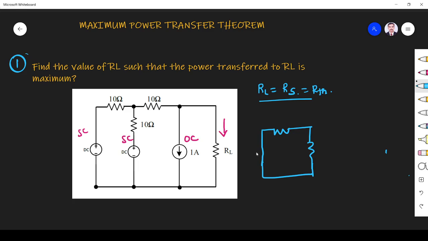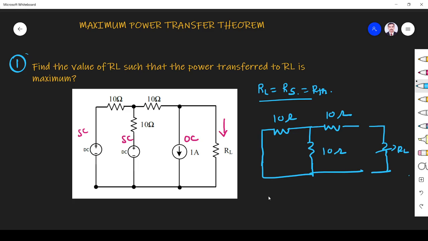So this source is short, this source is short, and this is opened. Then the load must be kept outside. Now the equivalent resistance must be Thevenin resistance.